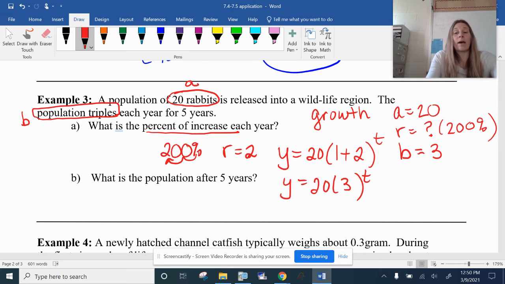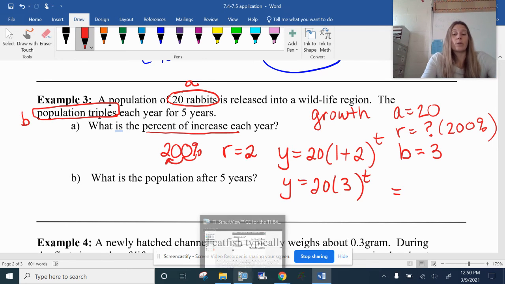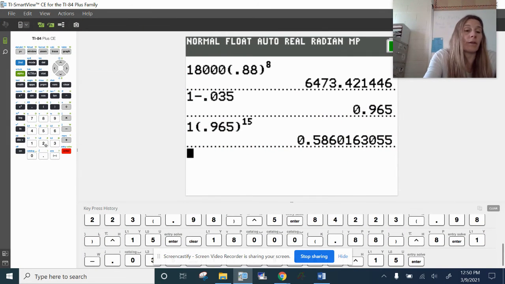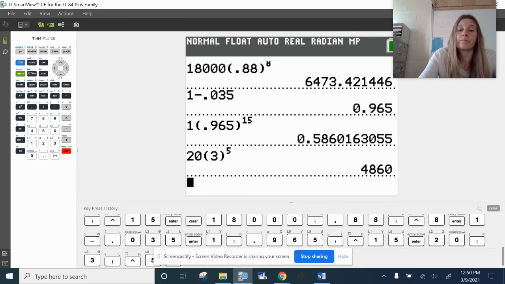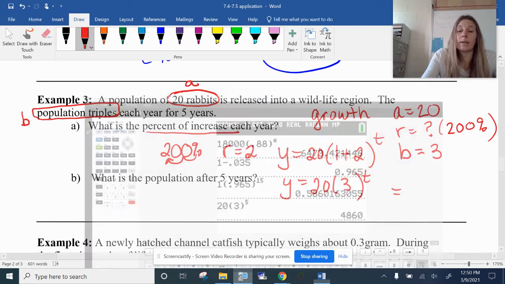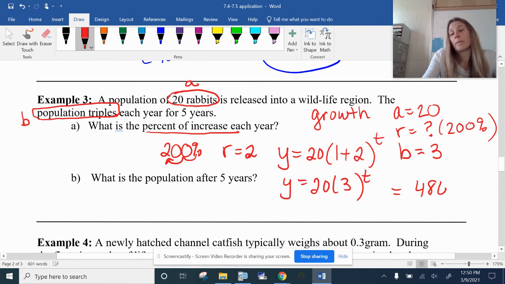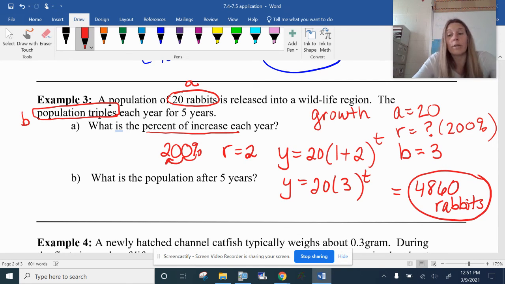And then we want to put a 5 in for the T. So 20 times 3 to the 5th power. And 4860. This one is already rounded for us, which is good because we can't have a fraction or decimal of an animal.